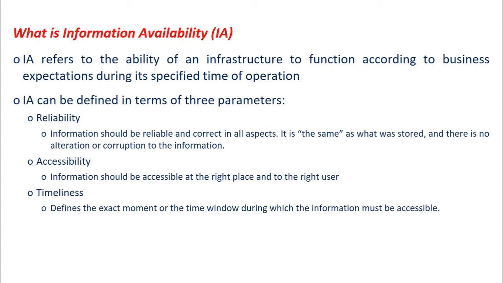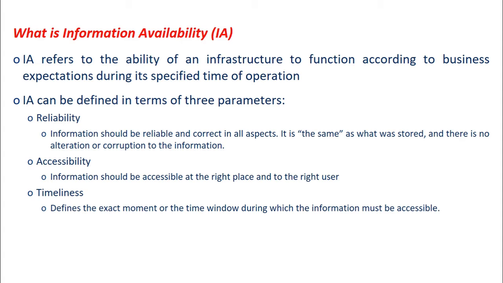And the third parameter using which we can define information availability is timeliness. Timeliness defines the exact moment or the time window during which the information must be accessible. If we define the timeliness for an application, say morning 7 to evening 7, this 12 hours time window, then the information should be available in that time window.